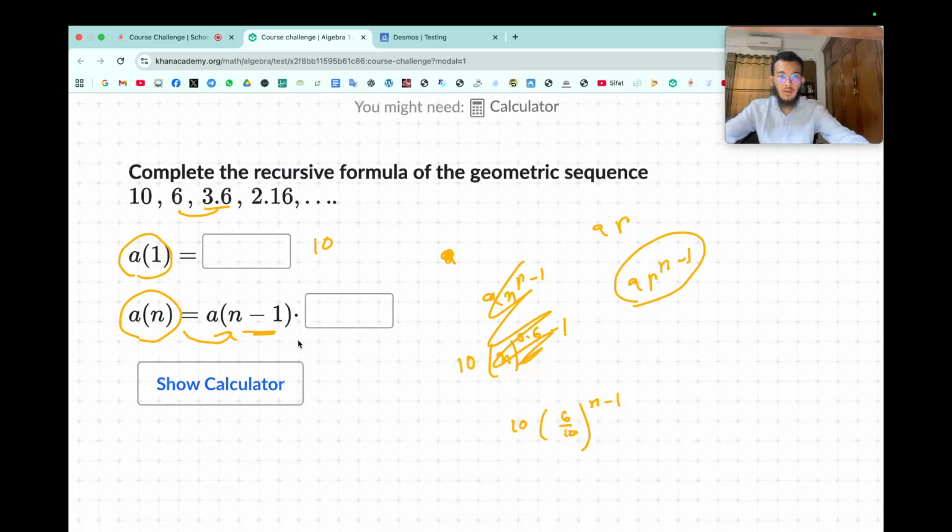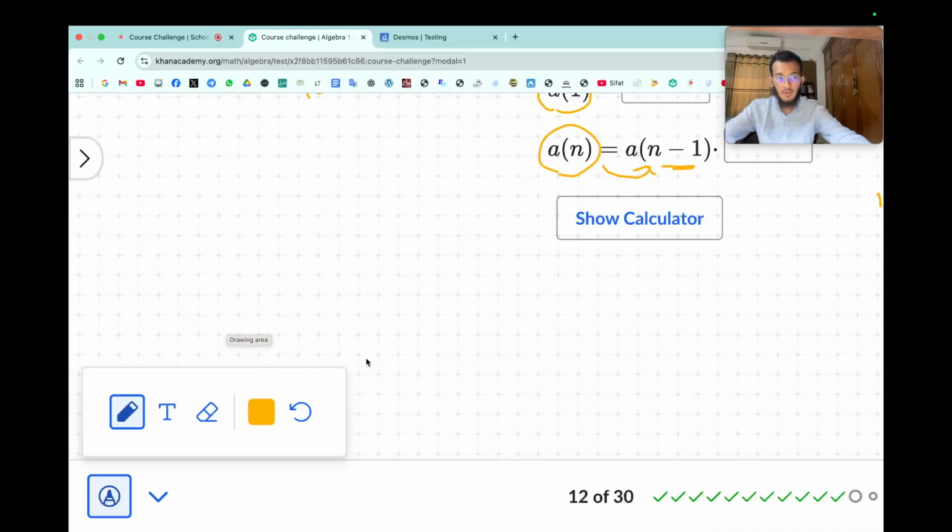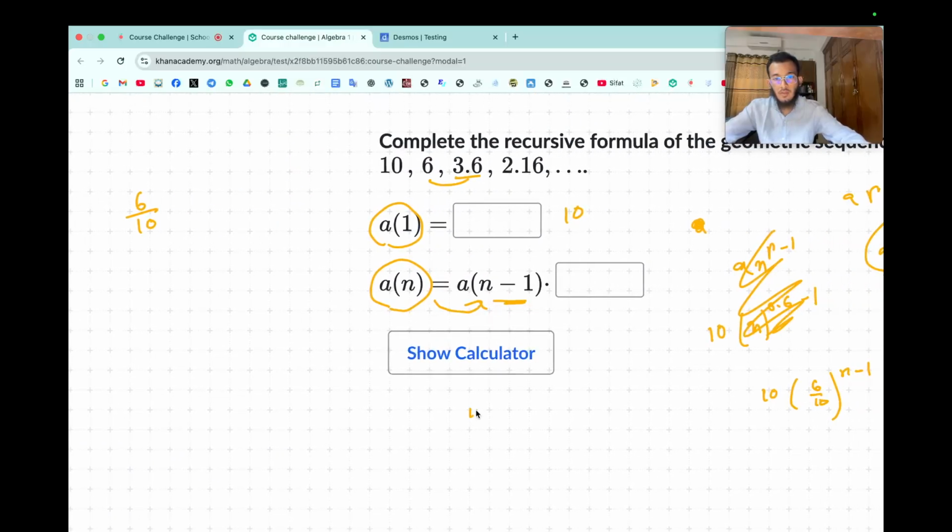We have to find the recursive formula of the geometric sequence. Which means the previous term, the n minus 1 term, times the common ratio. The first value is 10, and let's say we look at the fourth term, 1, 2, 3, 4.